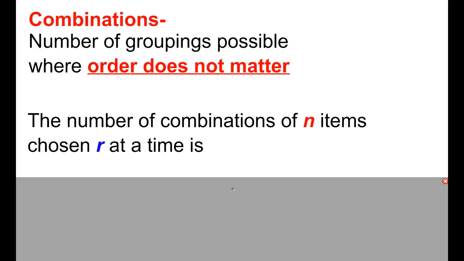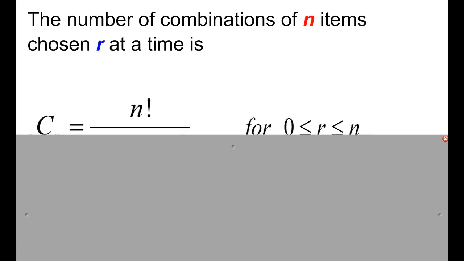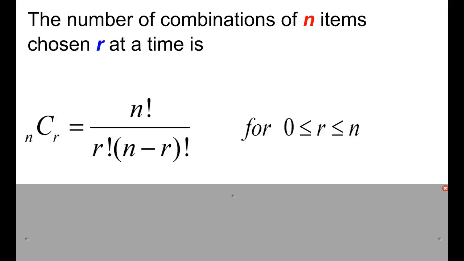Okay. We've got a formula for combinations. The formula for the number of combinations of n items chosen r at a time is this. We can find this in our calculator, just like we could find permutations in our calculator. It's in a different spot depending on what calculator you have.